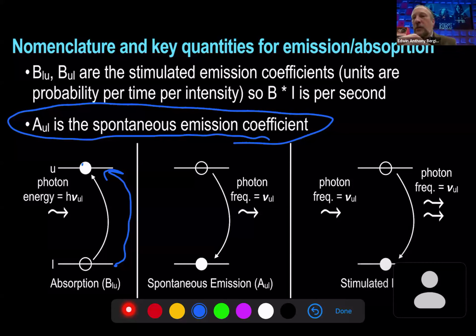When it's in the upper state, it can spontaneously go down, and that's why I can observe it. Another possibility is a molecule in the upper state that absorbs a photon at the same frequency, 115 gigahertz, and that can lead to what's called stimulated emission, where you can get multiple photons emitted.